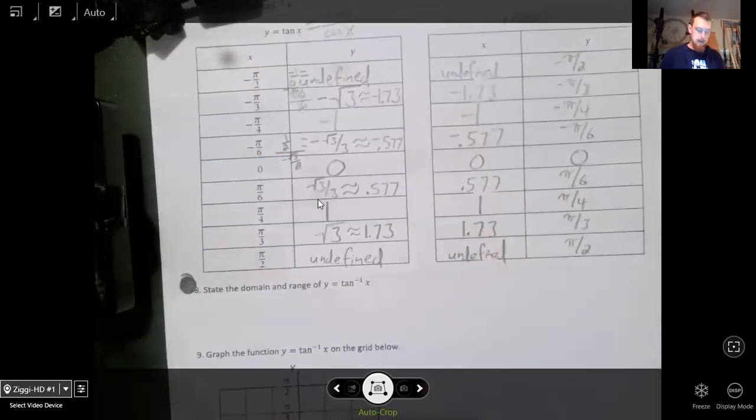And this would be a fantastic opportunity for you to try to graph these and see if you can guess what the domain and range is.